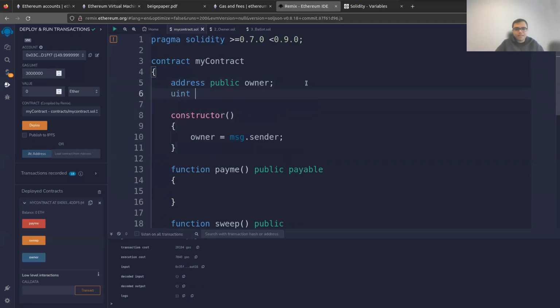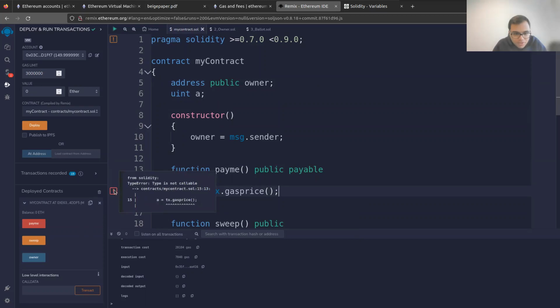Let's say I have a uint A, and when I call pay me, I set A to be the gas price. So tx.gasprice. So I can see how much I'm actually paying for every unit of gas. What's happening here? Type is not callable. Oh, sorry. It's just tx.gasprice like that.